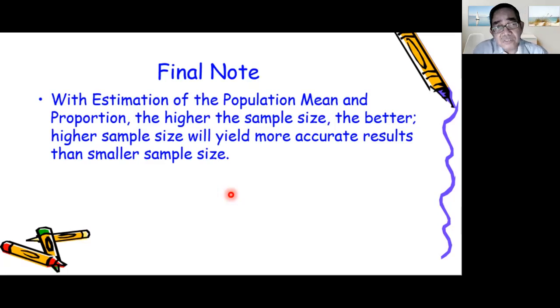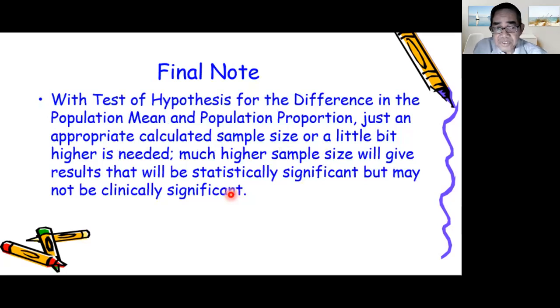But of course, if you are talking of data collected retrospectively, you can get more than what is required, because as I said, higher sample size will yield more accurate results. And there won't be any problem as far as ethics is concerned, because you are collecting retrospective data anyway.